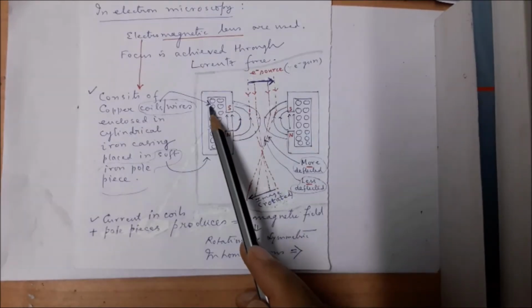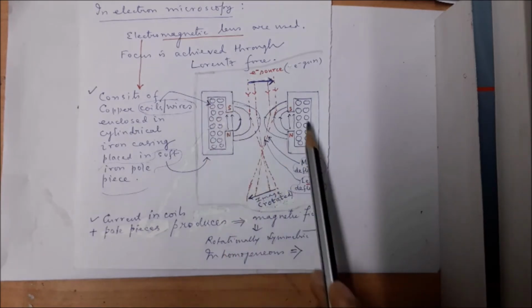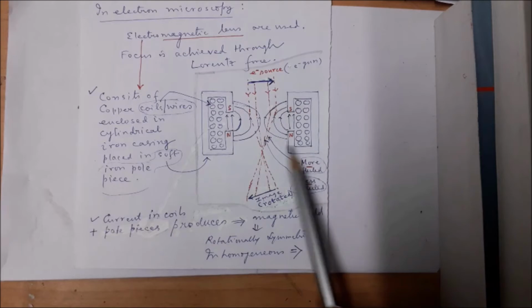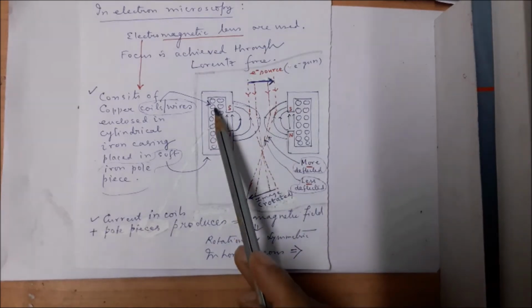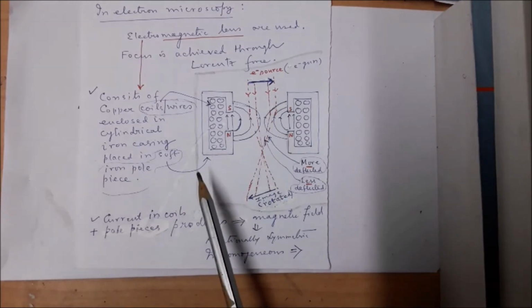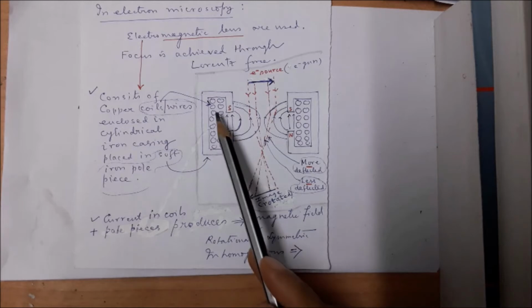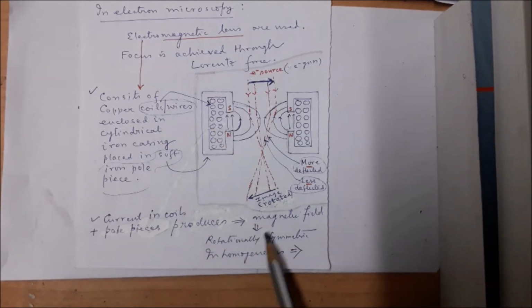Now these are copper coils or wires enclosed within soft iron pole pieces. When current flows in coils, magnetic field is produced.